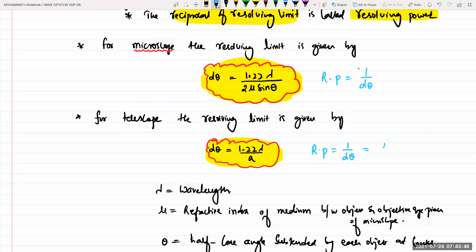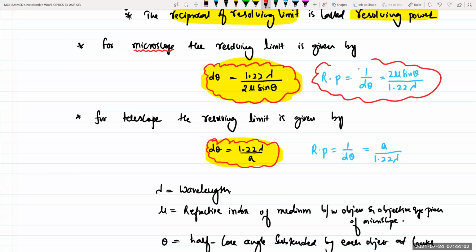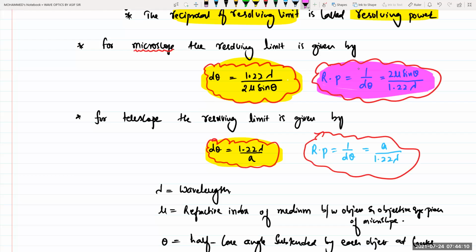Here also resolving power will be 1 by d theta. That becomes A divided by 1.22 lambda for the telescope, and 2 mu into sine theta divided by 1.22 lambda for the microscope. Clear? So this is about your resolving power.